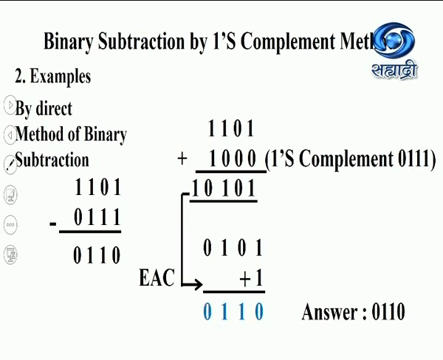So here we have the answer as 0110. So this is the answer by the ones complement method. The direct method of binary subtraction and the ones complement method give the same result.